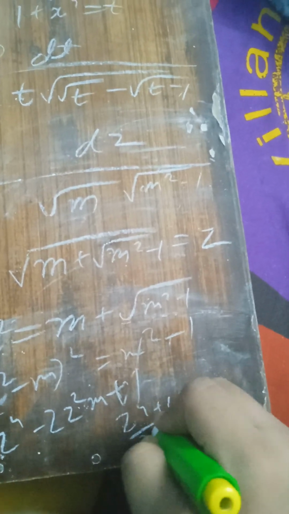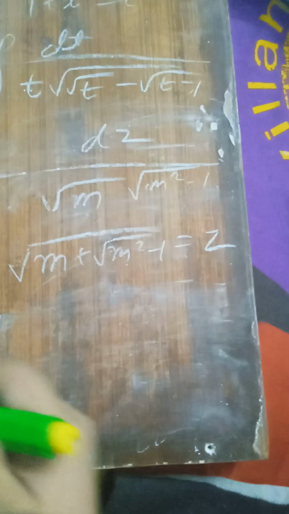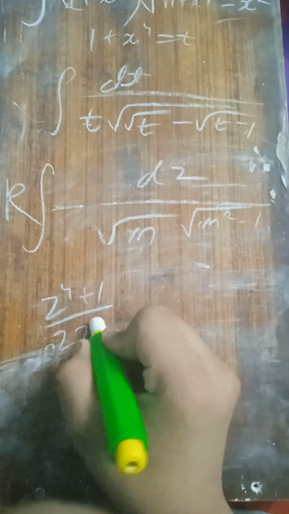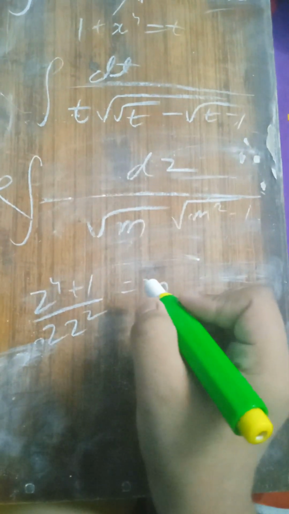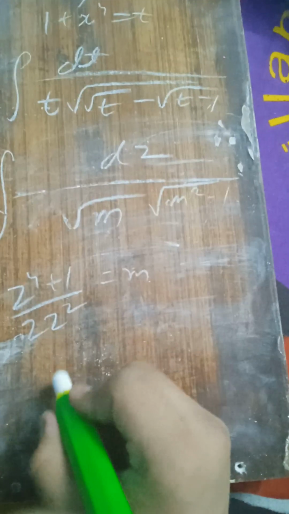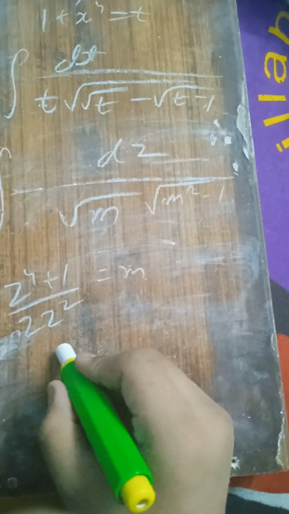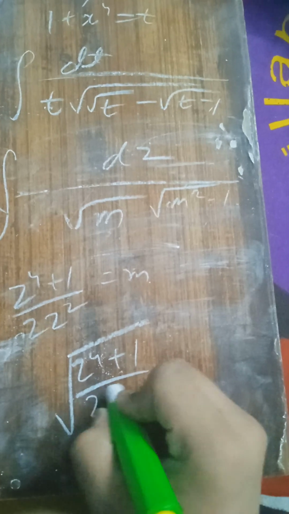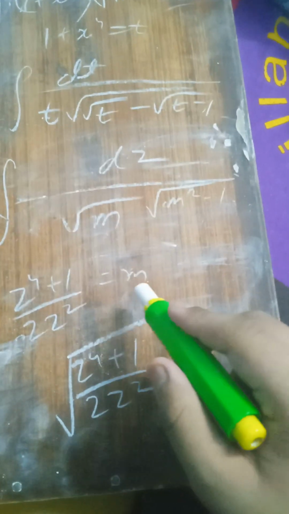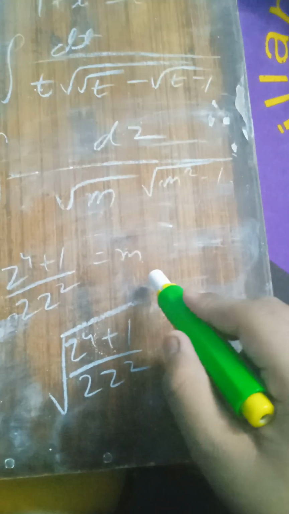z4 plus 1 by 2 z square is m. So z4 plus 1 by 2 z square, then its whole square minus 1, under root.